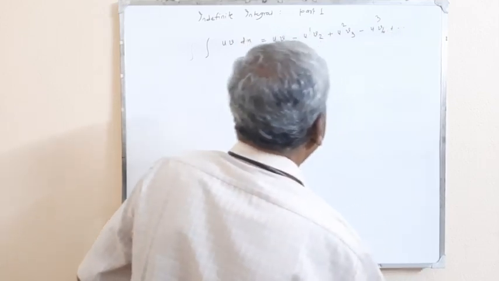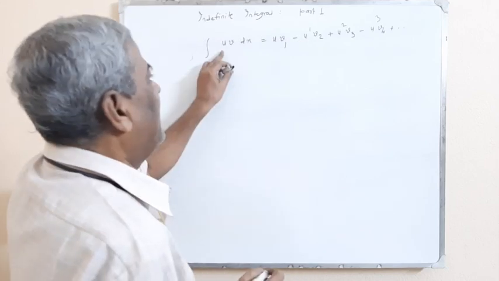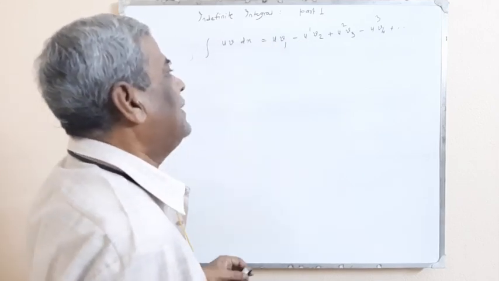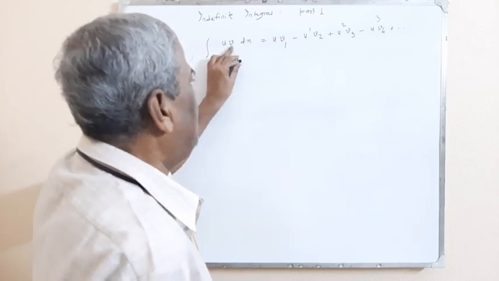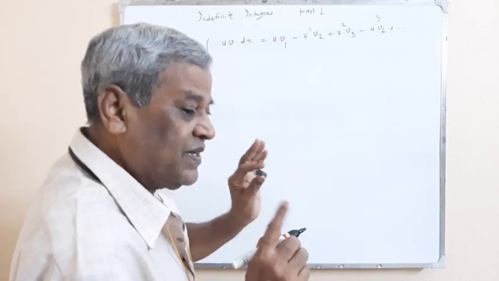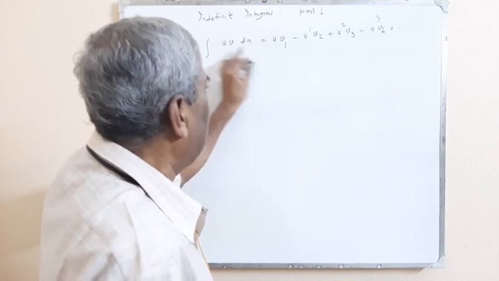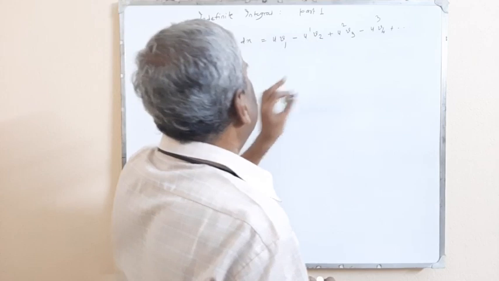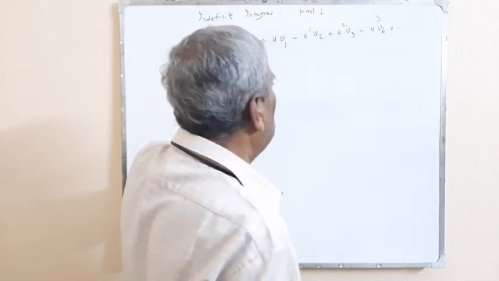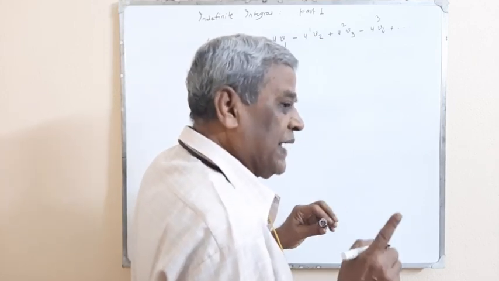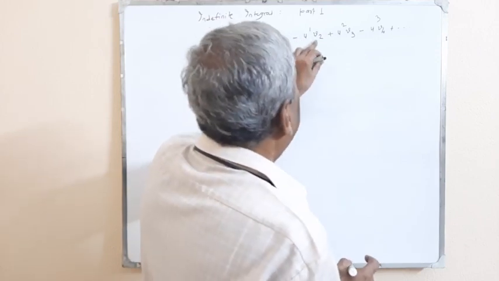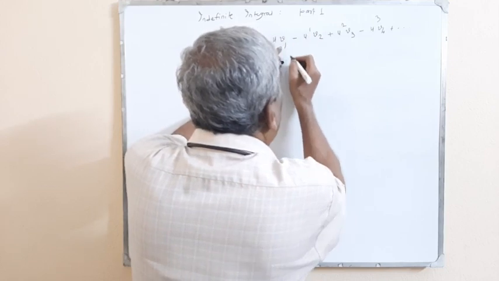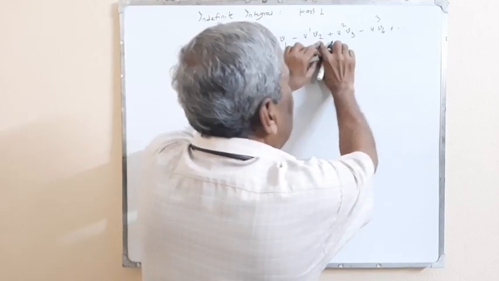So what is that? Actually u is intact. v1 is the integration of v with respect to x. Next, u dash means the derivative of u with respect to x once, and v2 is the integration of v1 with respect to x.